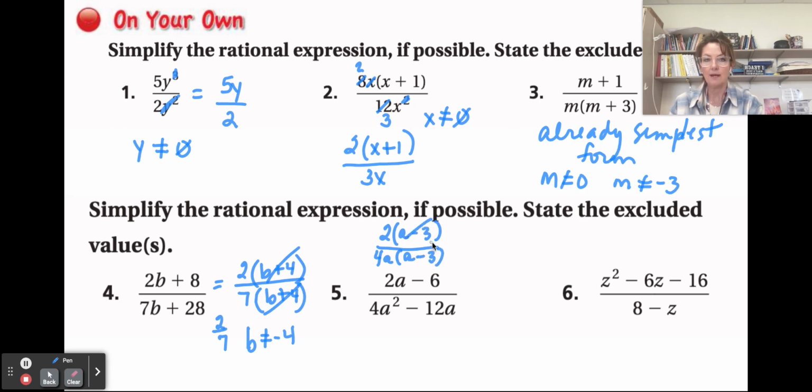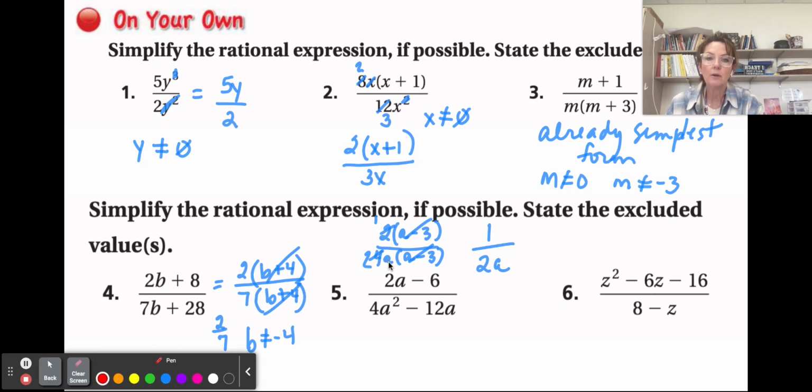So this is our common factor right here. Now, is this simplified? No, because 2 and 4 can be simplified to 1/2. So we'll get 1 over 2a as our simplified form.